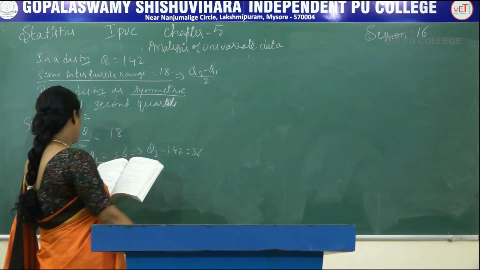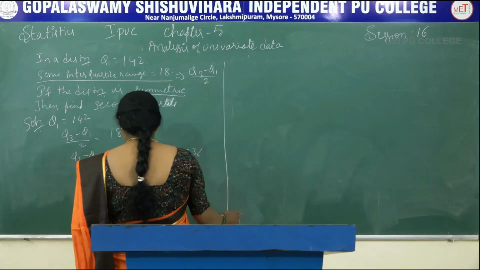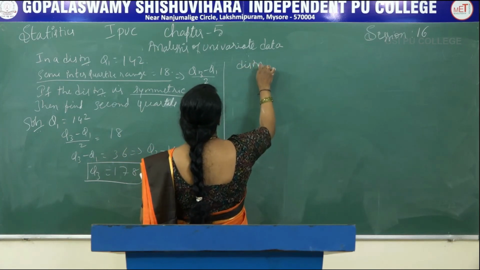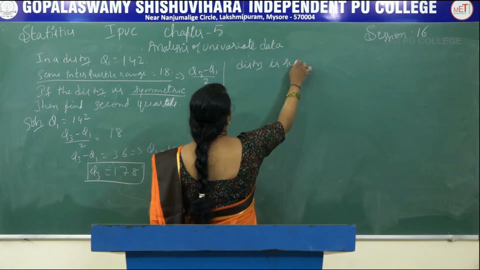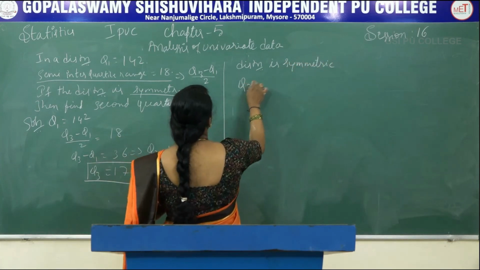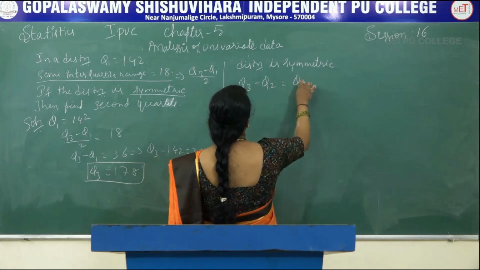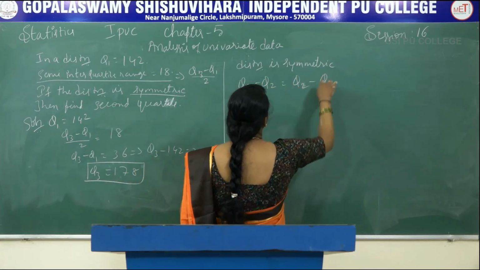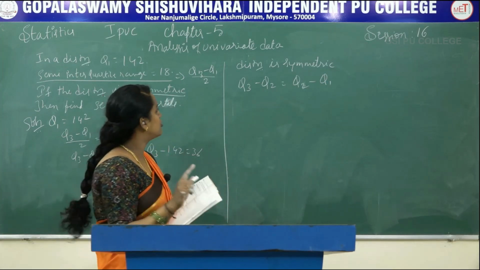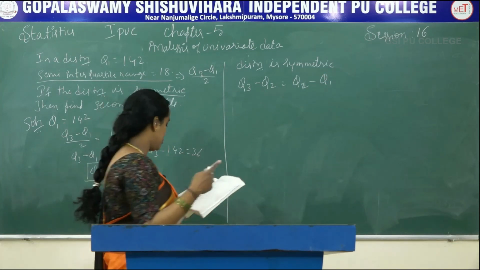So after finding Q3, since the distribution is symmetric, Q3 minus Q2 is equal to Q2 minus Q1.